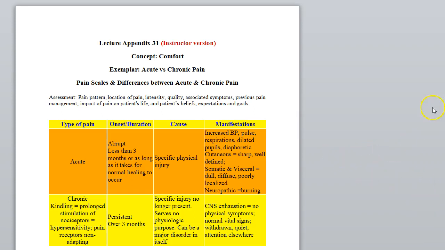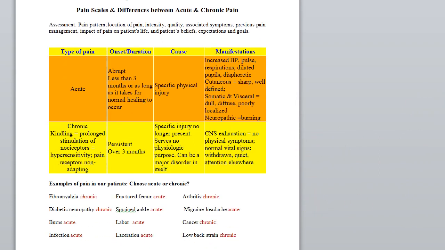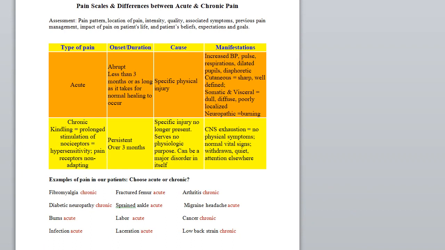Just a little chart on acute versus chronic, and then doing this little exercise about examples of pain in your patients. Choose whether or not they're acute or chronic.